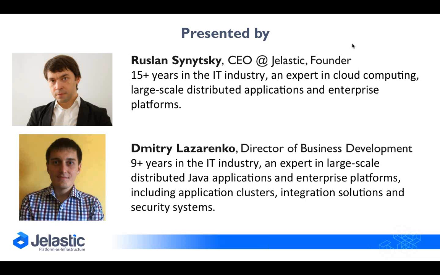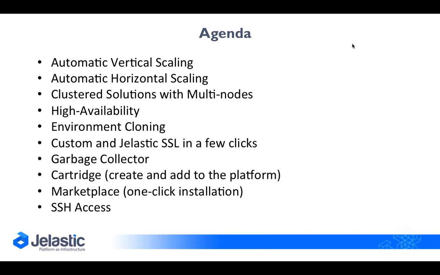So, the agenda for this webinar is pretty tight. We will try to go through each feature, but let's see what we can afford at this webinar. We will describe automatic vertical and horizontal scaling, clustered solutions with multi-nodes, high availability, cloning of environments, custom and Jelastic SSL certificates, and how to install them in a couple of clicks.